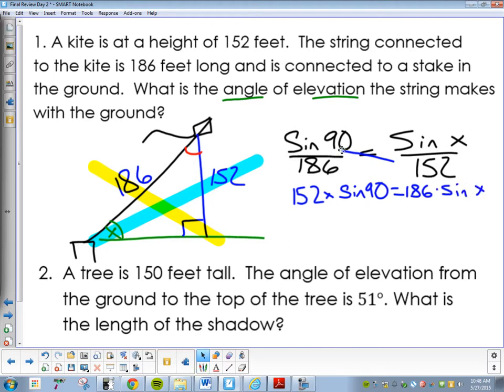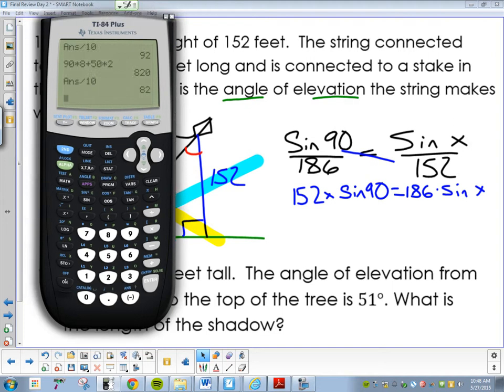So in my calculator, I'm typing in, check my mode, yep, I'm in degrees, sine of 90 times 152. Then what would I do with that number? Divided by 186. I get that thing right there.